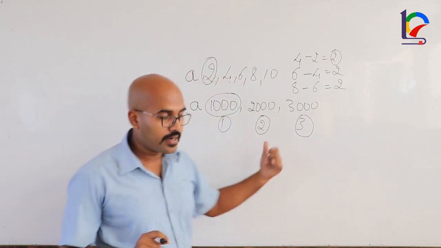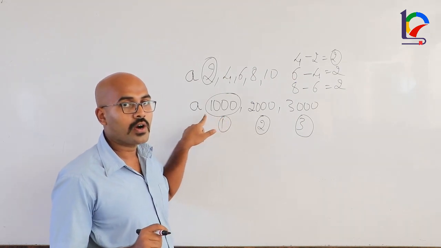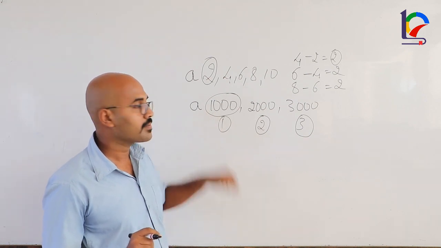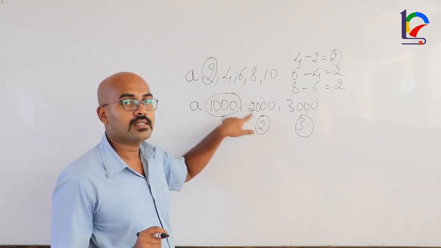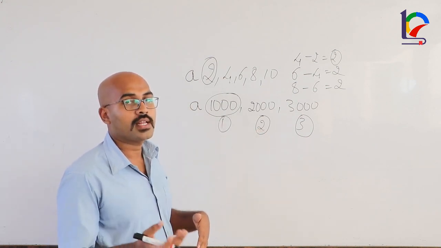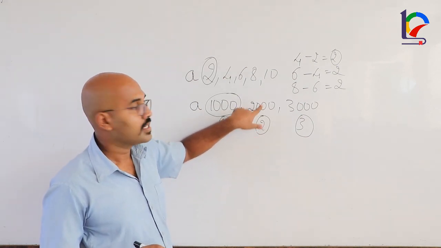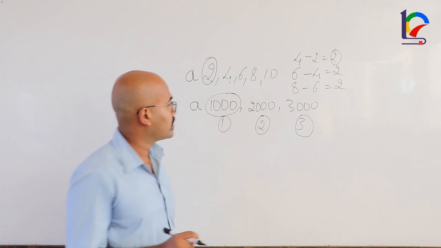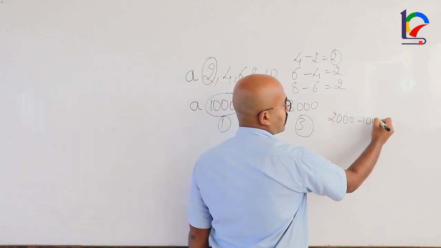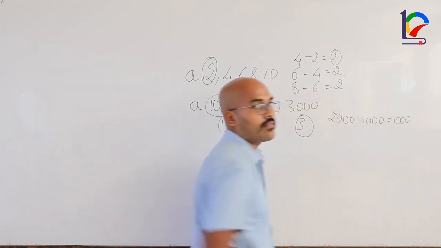If we take the second example, in the first year it was 1000 rupees. So obviously the first term is 1000, that is a is 1000. Then in the second year they gave you 1000 rupees more than the first year, so it is 2000. Here the common difference is the second year minus the first year, 2000 minus 1000, that is 1000.